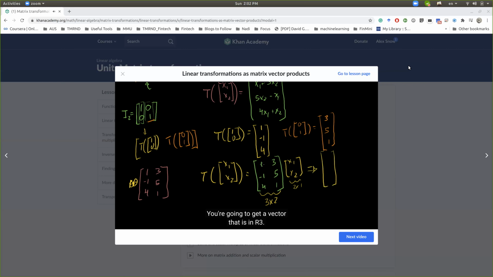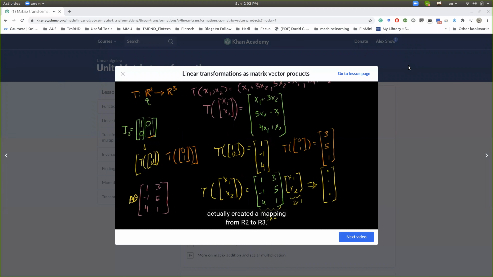Because these guys times that guy is going to be the first term, these guys times these guys the second term, and these guys times those guys the third term. So by creating this 3 by 2 matrix, we have actually created a mapping from R2 to R3. Anyway, for some reason I find this to be especially neat. Hopefully at least you find this somewhat instructive.